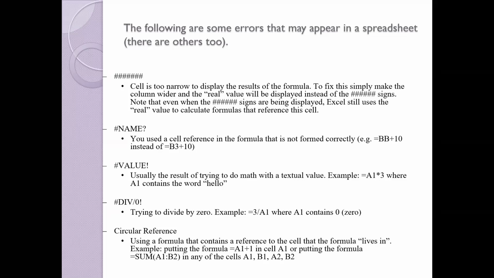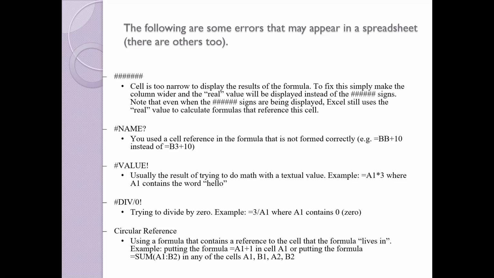Next, div 0 will display if you are trying to divide by 0. Example, equal 3 divided by A1, where A1 contains 0. So you will get the error div slash 0.